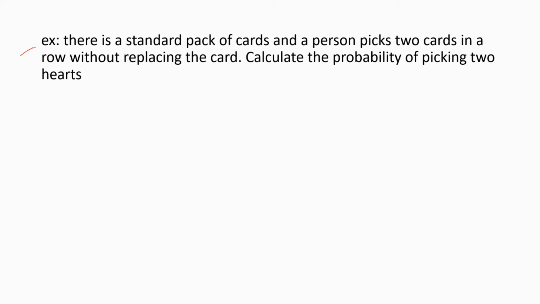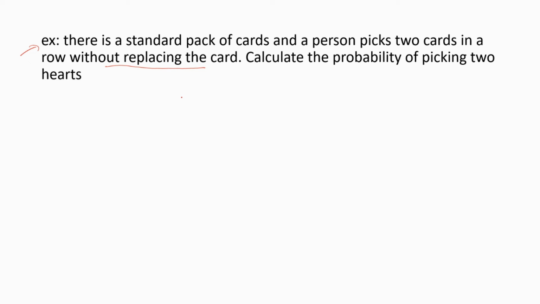Now let's do this example. This is a bit different. Now there is a condition. There is a standard pack of cards and a person picks two cards in a row without replacing the card. This is the condition, not replacing the card. Calculate the probability of picking two hearts. Let's understand what is happening here.